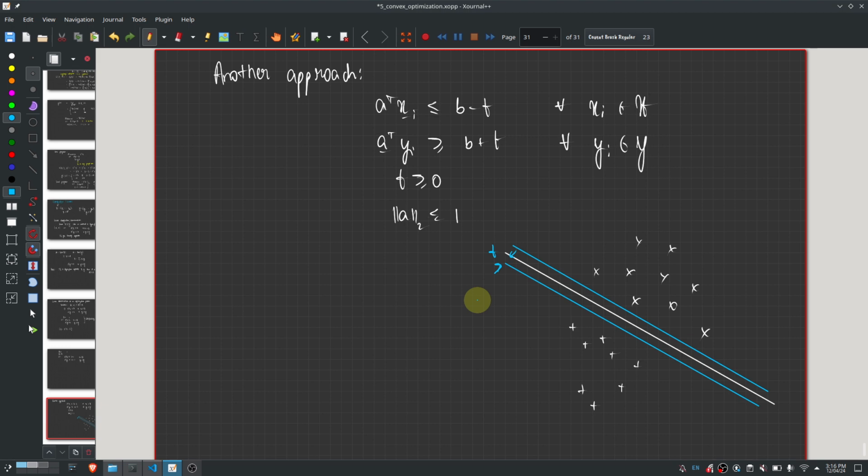This is my t. So now I can try to get the most buffer possible. How would I frame my optimization problem? Correct. The problem would be maximize t, or minimize minus t, subject to this set of constraints.